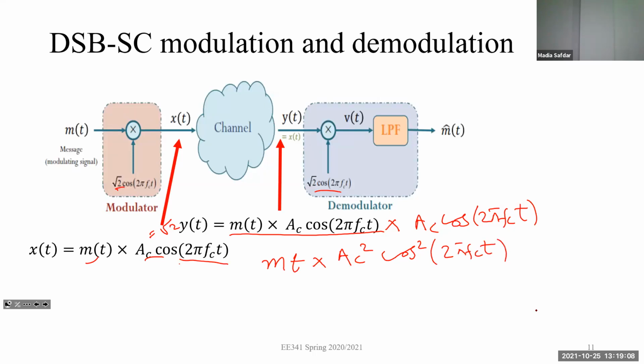Do you know why we multiply it? Because this is the process of modulation. You cannot transmit your actual signal directly, because then you will not get the actual information at the output. You have to multiply it with some carrier so that your information is not lost. Always like this.